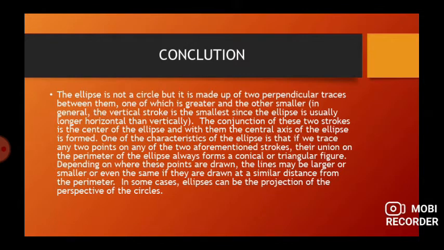One of the characteristics of ellipses is that if we trace any 2 points on any of the two aforementioned strokes, their union on the perimeter of the ellipse always forms a conical or triangular figure.